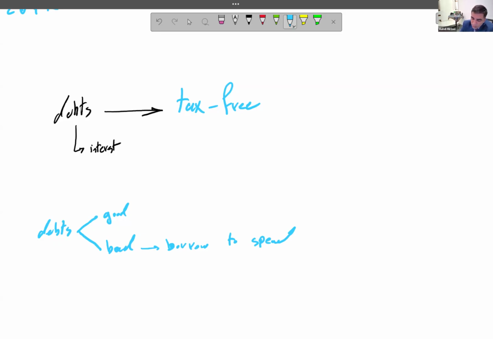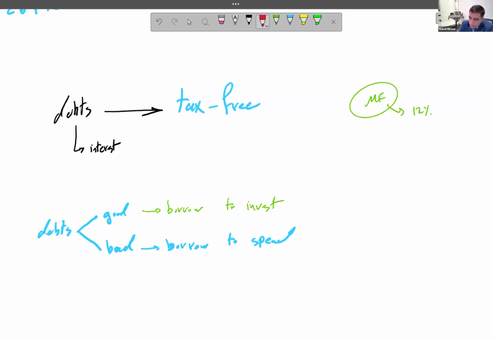But the good debt is a debt that you borrow to invest. So we talked about the mutual funds. You remember that one in our financial planning session? So imagine you have a mutual fund that pays you a return of 12%. Okay?